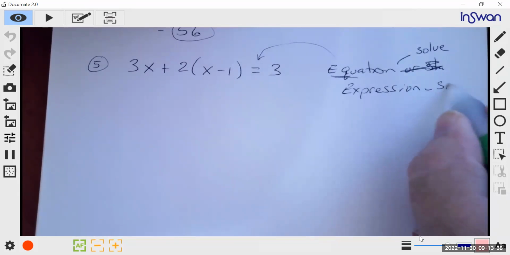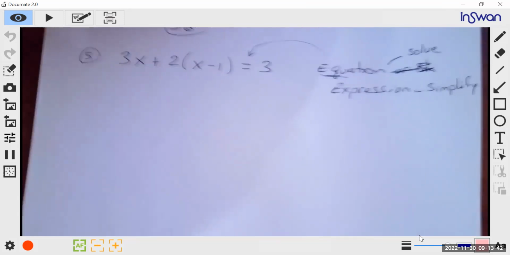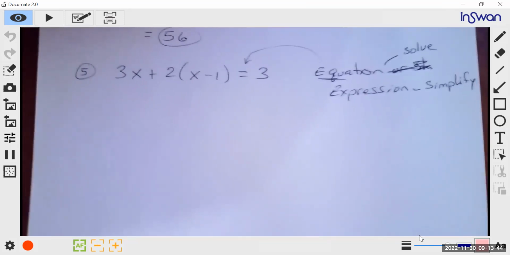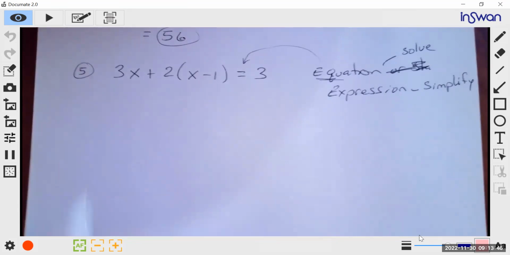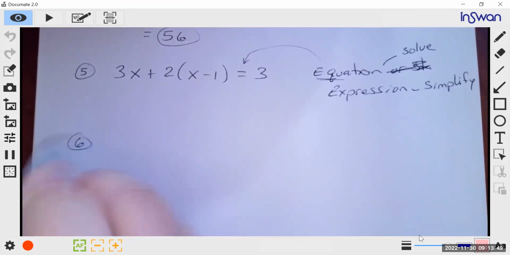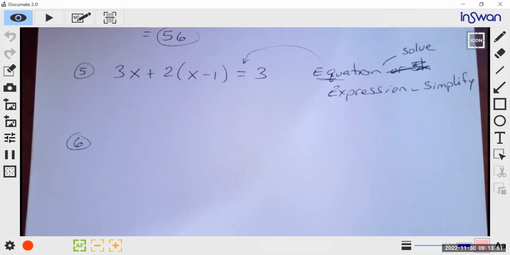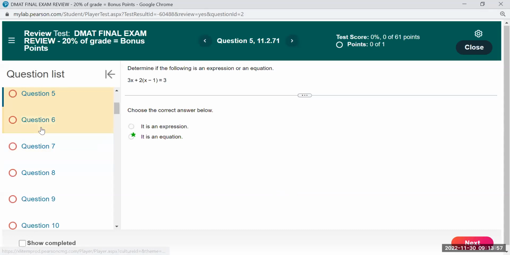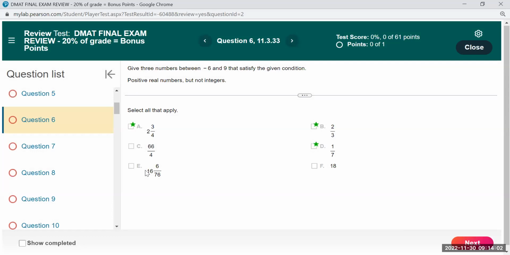Expressions, you can only simplify. So that's all that one wanted.